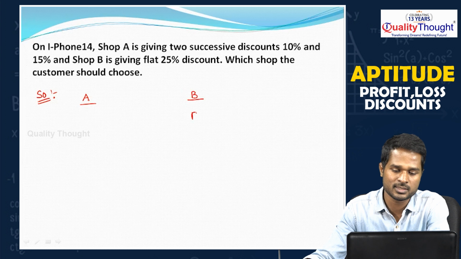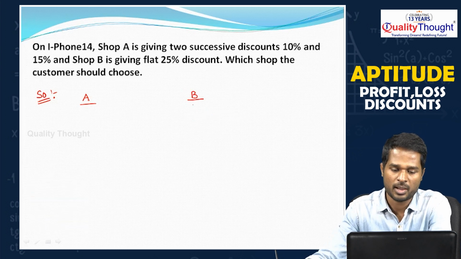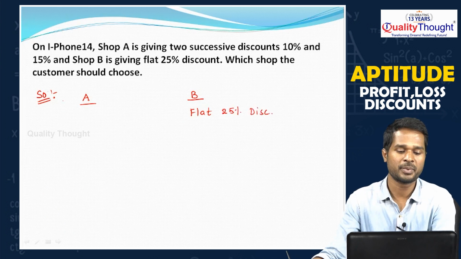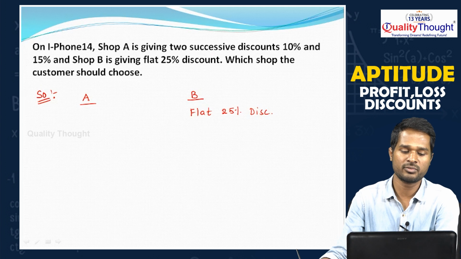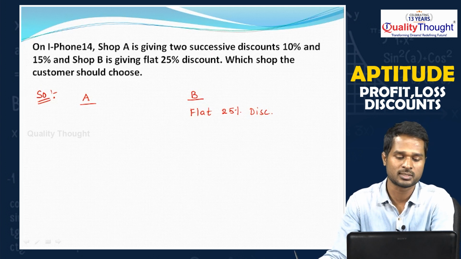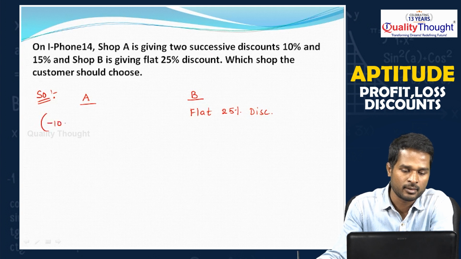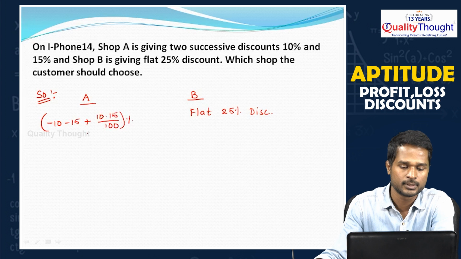Shop B is giving a flat 25% discount. Shop A is giving two successive discounts. Just now we calculated how to convert two successive discounts into a single discount: minus 10 minus 15 plus 10 into 15 by 100. This is the single discount we are converting.